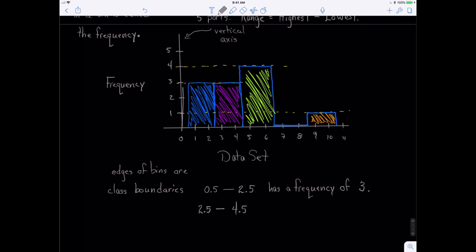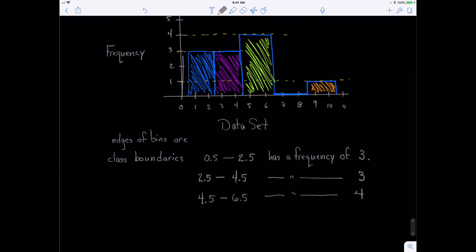Our next class, if you look closely, it looks like it goes from 2.5 to 4.5. Those are its boundaries. And it has a frequency, I'm going to do this. If you've ever seen that, it just means that those are exactly the same words above. It also has a frequency of 3. Our next class goes from 4.5 to 6.5. And it has a frequency of 4. With 2 more classes here.